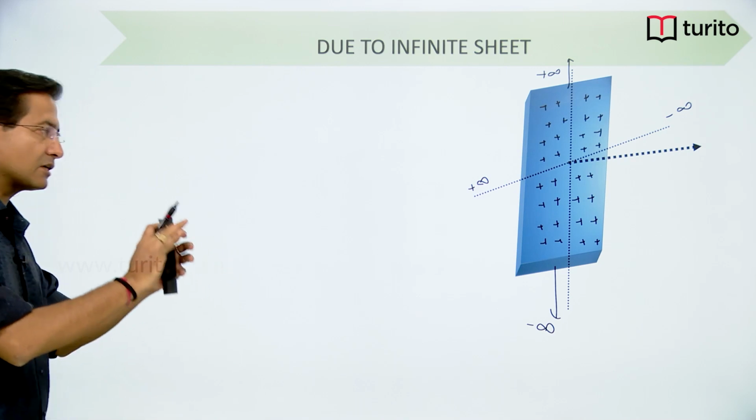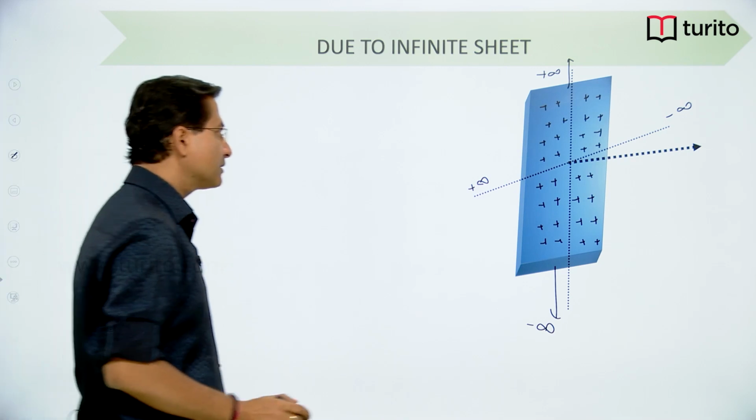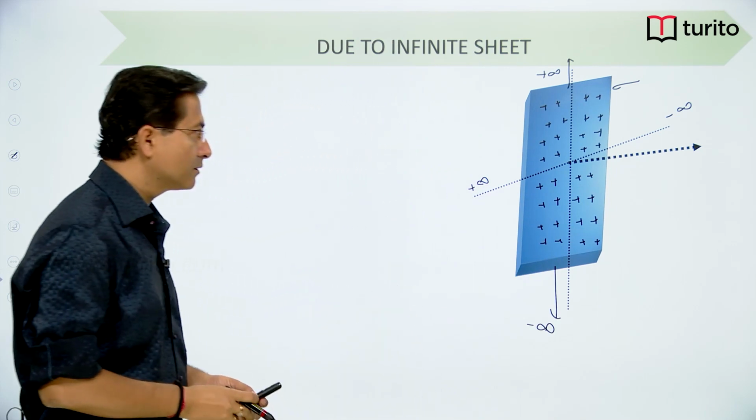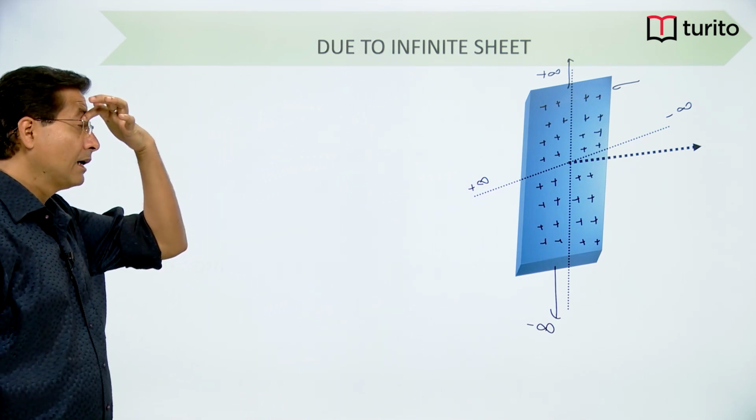Right. So, the surface charge distribution is uniform and the surface charge density is sigma, right.